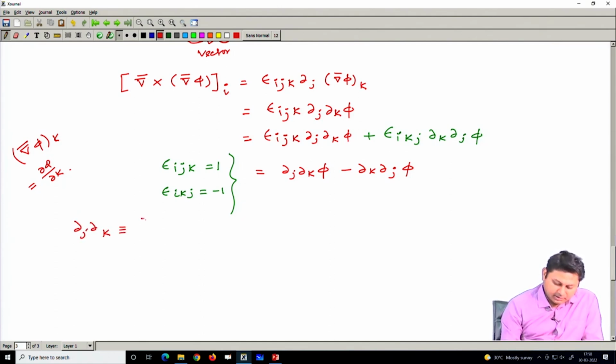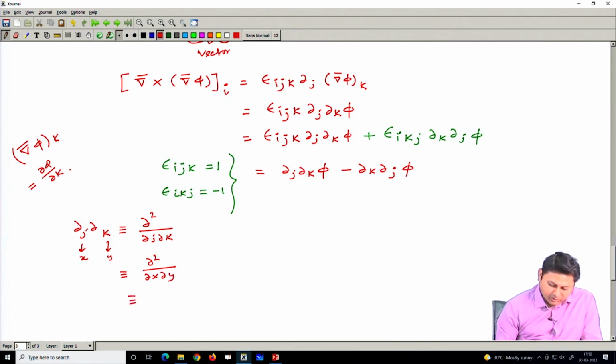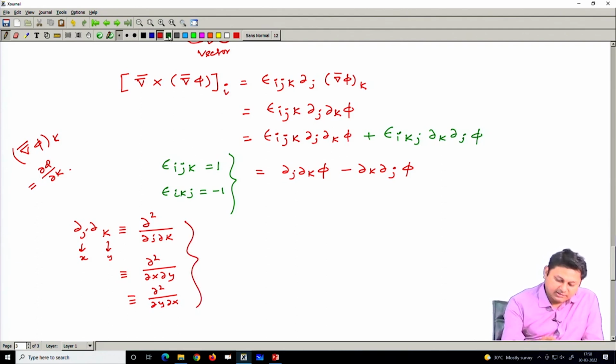This means I am having the operator in this form. If j is x and k is y, it is eventually del 2 del x del y, but I know that this is also equivalent to del 2 del y del x. So, these things are same. Since these are same, this operator over phi and this operator over phi is same.